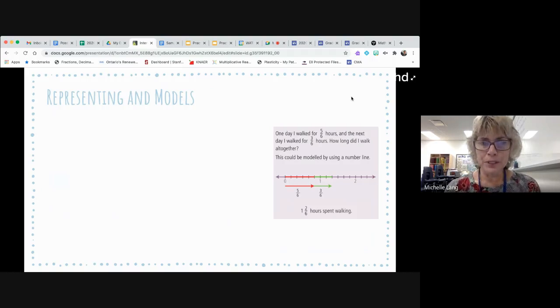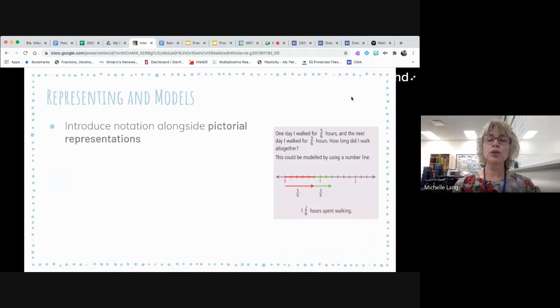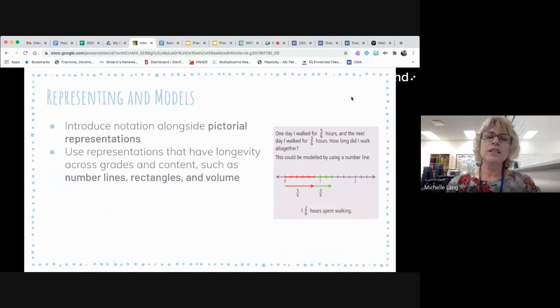When we're thinking about representing in models, we want to make sure that we include the notation alongside the pictorial representations so that they're always thinking about the symbolic and the visual that it connects with. We want to stick with representations that have longevity.